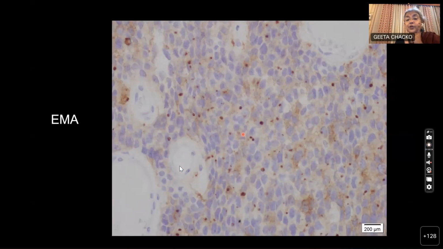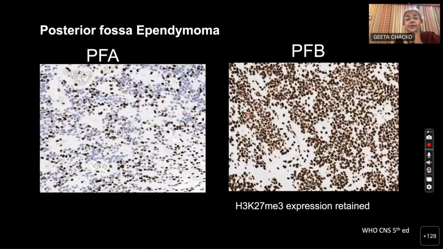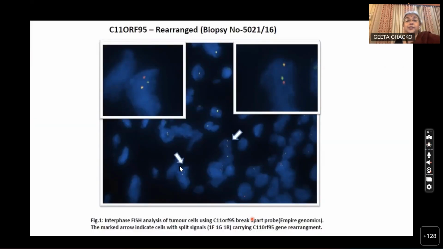So here again showing you this dot-like positivity for EMA. The MIB in a low-grade ependymoma is low and in a high grade is high, so that sometimes helps you to differentiate. In posterior fossa ependymomas, the trimethylation retention is seen in PFBs, and to call it a PFA, more than 80% of the tumor nuclei have to be negative, have to show loss of expression. RELA fusion can be demonstrated by FISH, and this is an example of a C11orf95.